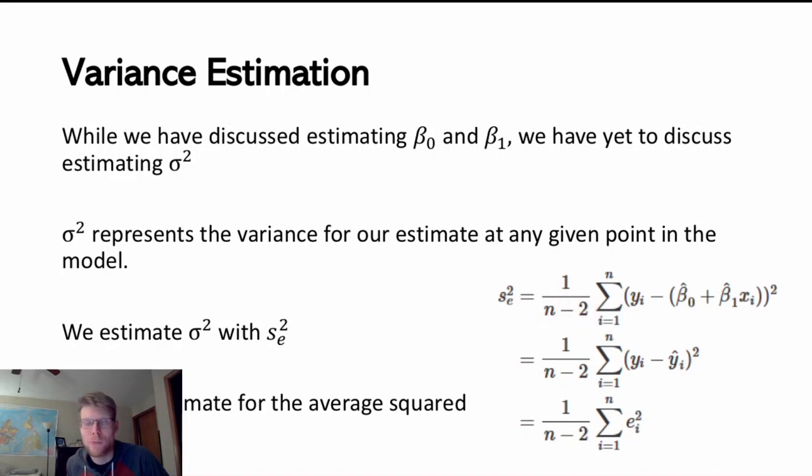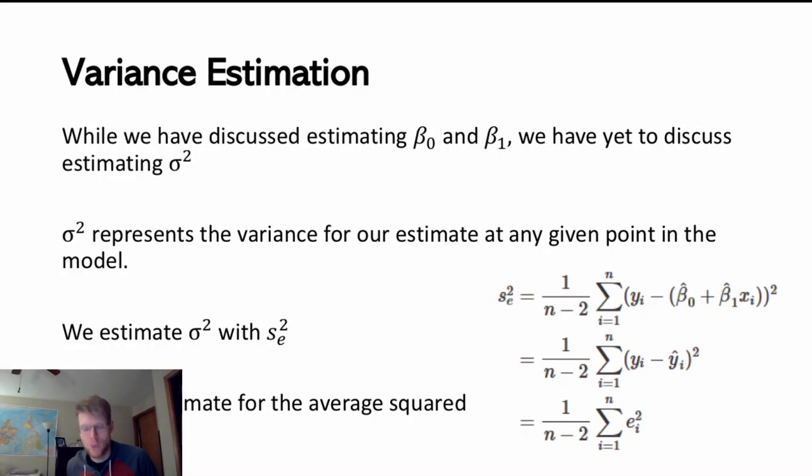It's going to be n minus 2, but it's some value close to n to turn that into some sort of average. So sigma squared we might think of as the parameter representing the variation in our model. There exists an amount of variance in our model predictions, and we can use our data to estimate that with the sample variance for the residuals.